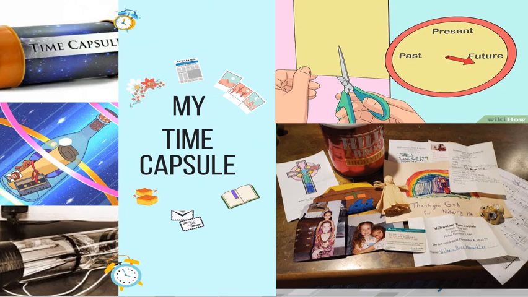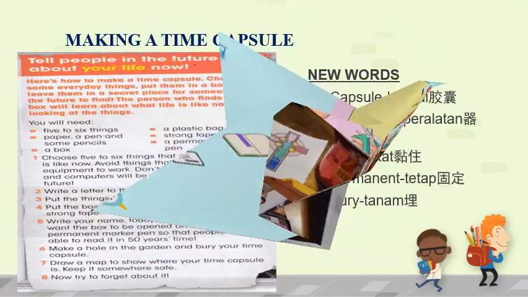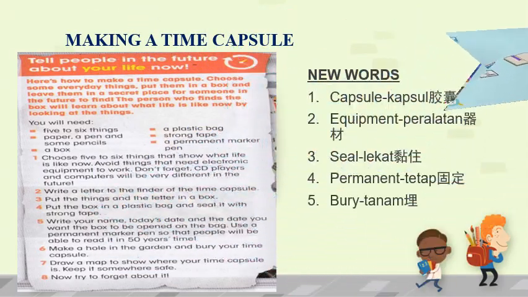So normally you will put things in a time capsule, photos, letters, things that you have currently into a bottle, and then it will be kept and buried for the future people to see. Tell people in the future about your life now.